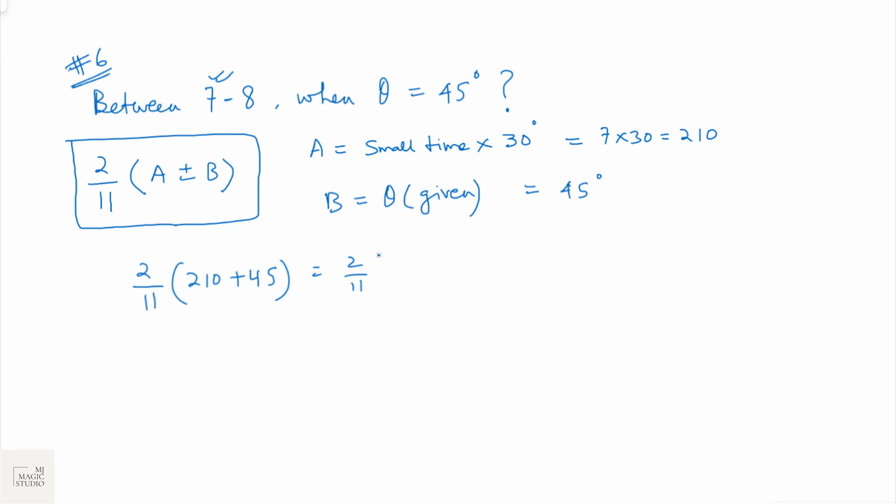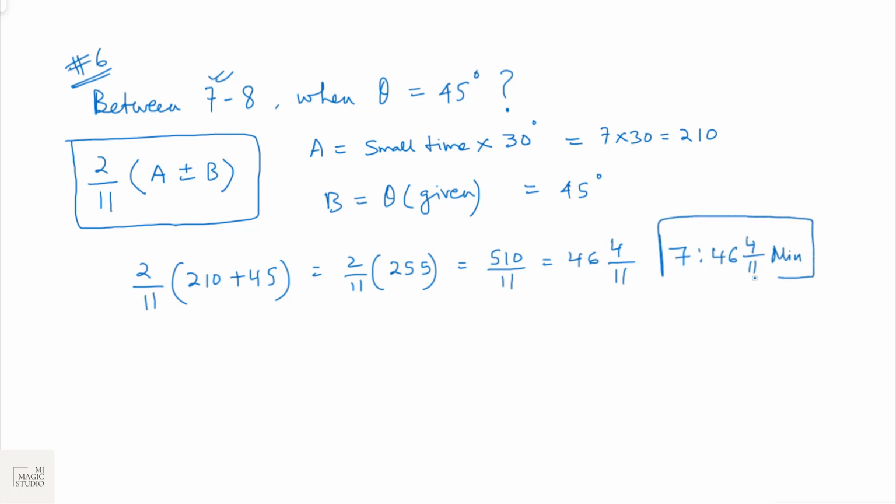This is 2 by 11 of 255, that is 510 by 11. On division it will give 46 4 by 11. That means the time is 7:46 4 by 11 minutes.